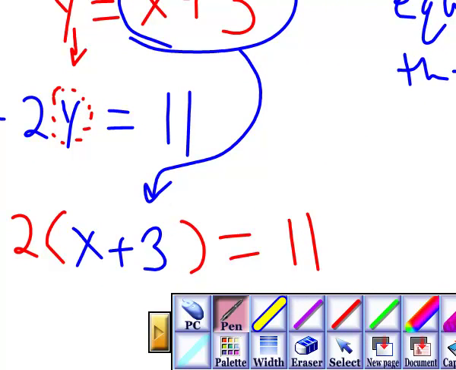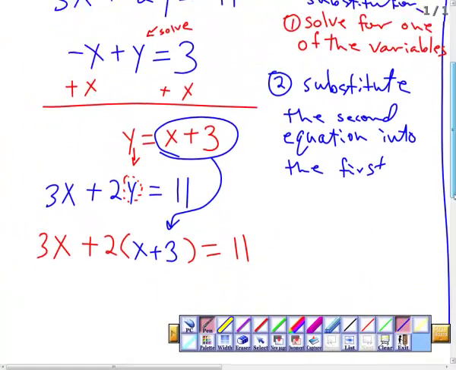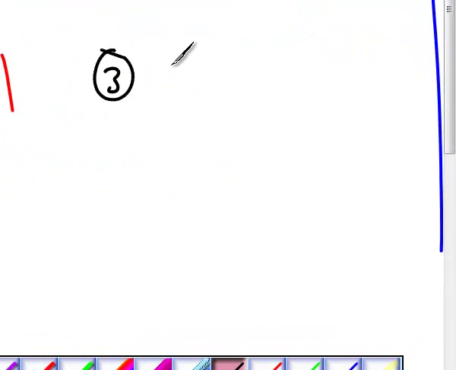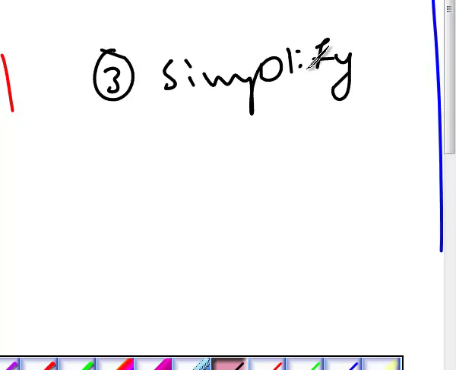All right, questions with that so far? And from here, step 3, move this down, simplify and solve.